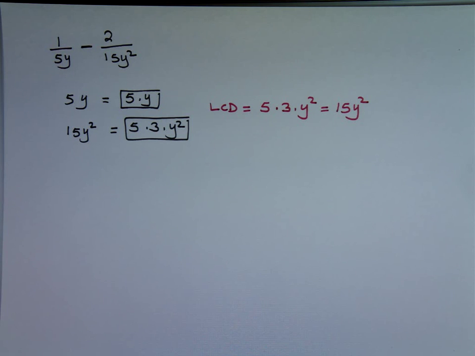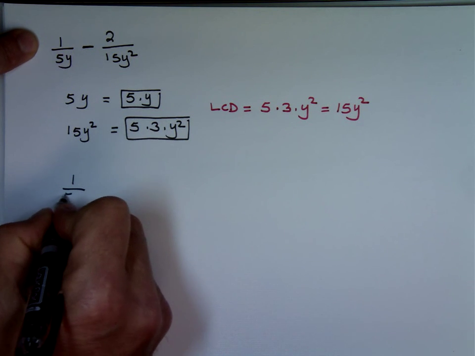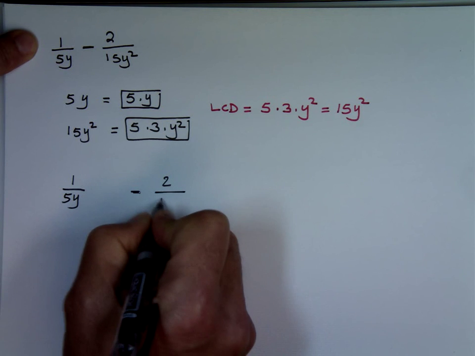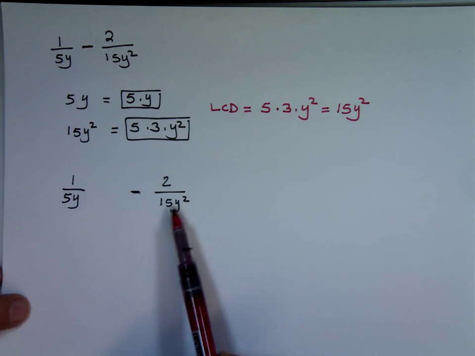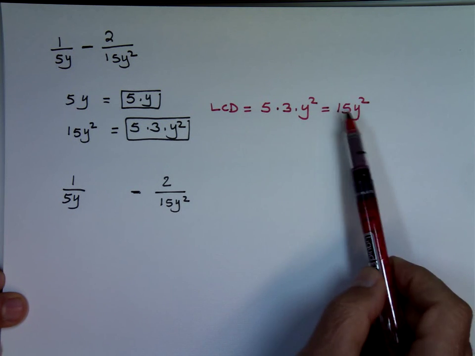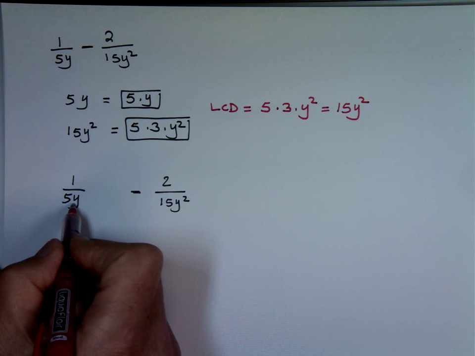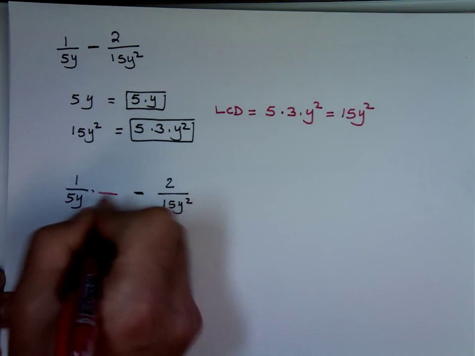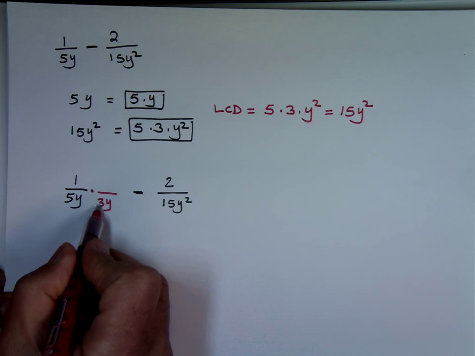So now I need to rewrite each one. I said this is 5y, there's the minus sign. The second one is good. It's already over 15y squared. This one is not. How would I change the 5y to 15y squared? Well, I need to multiply it by 3y. What's 5 times 3? 15y times y squared.